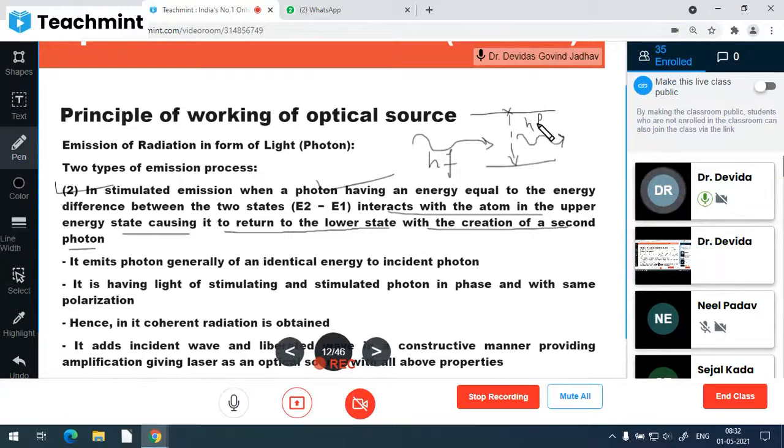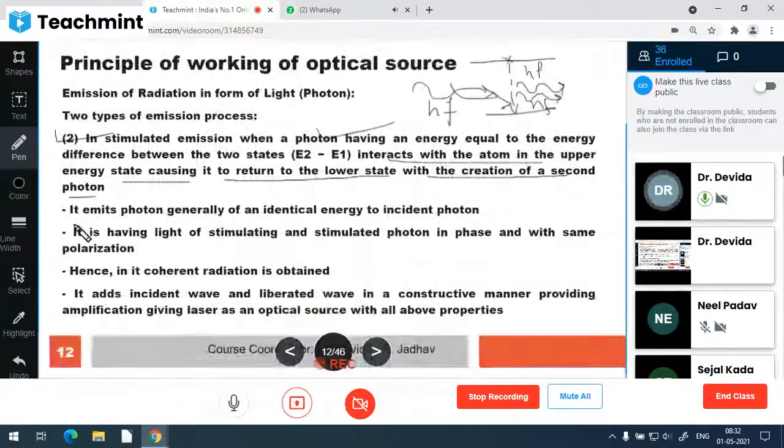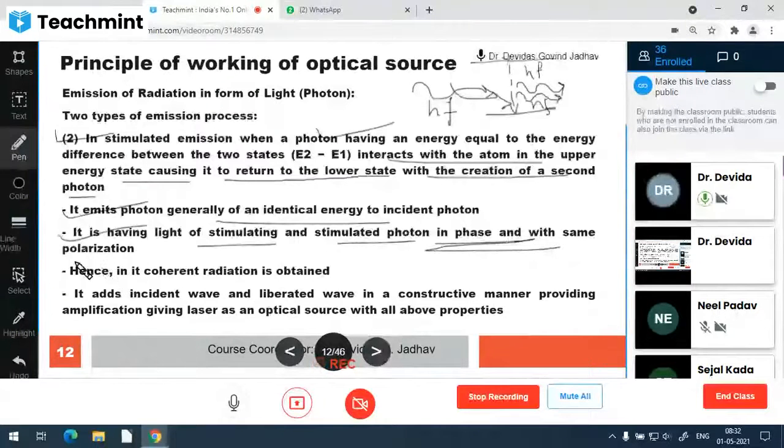So this photon and this photon both have the same energy value and the same phase. So this is monochromatic as well as coherent. It emits photons of generally identical energy. The stimulating and stimulated photons are in phase with the same polarization.